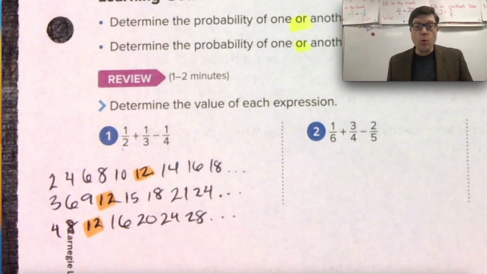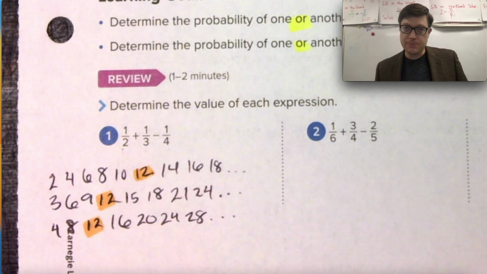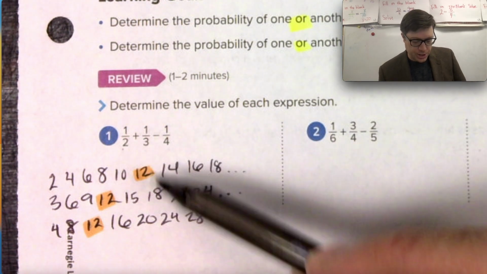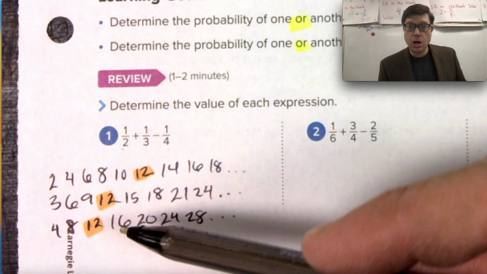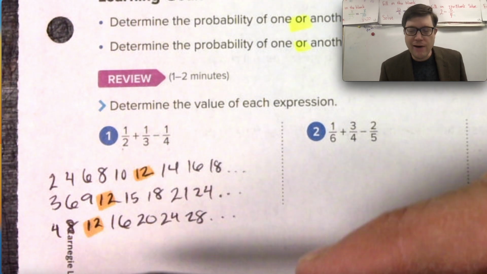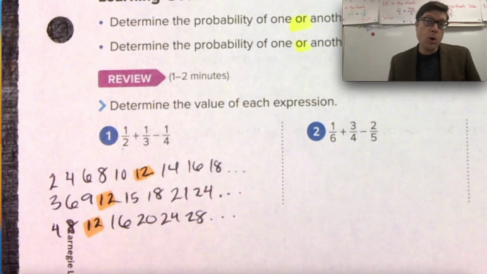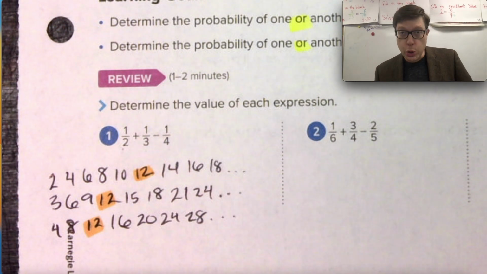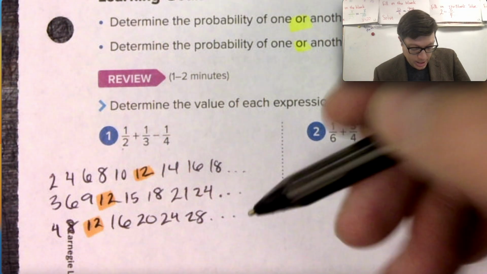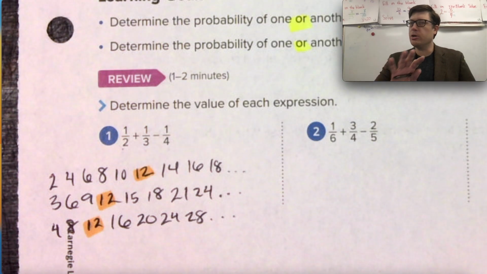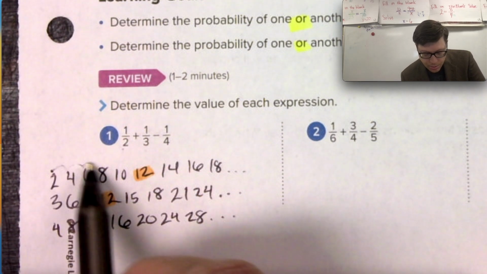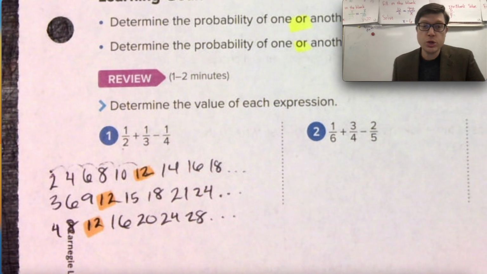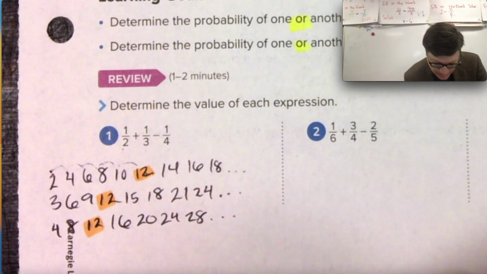And so the way for us to add fractions is to scale up the denominators so that all three fractions are scaled up through multiplication to that common number they all have as a common multiple. So for 1/2, in order to turn the 2 into a 12, you have to multiply 2 times 6.